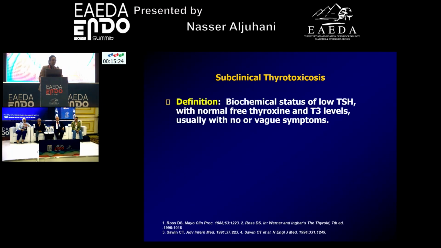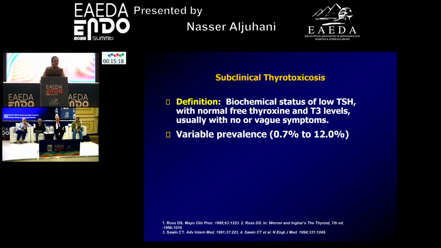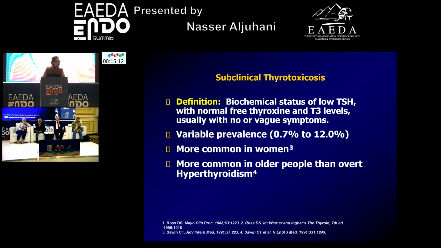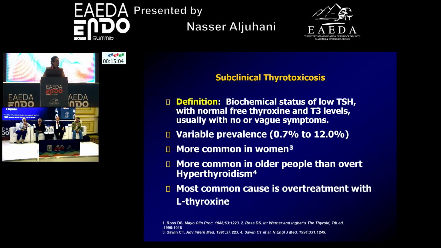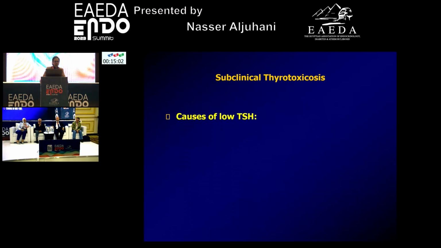So subclinical thyrotoxicosis is a biochemical state of low TSH with normal T3 and T4. There is variable prevalence from 0.7 to 12%, more common in women, more common in the elderly, especially in iodine-deficient areas, and the commonest cause, as you know, is treatment with thyroxine.